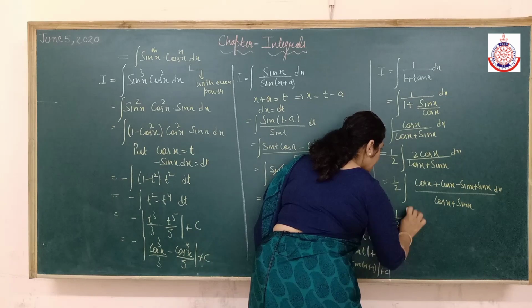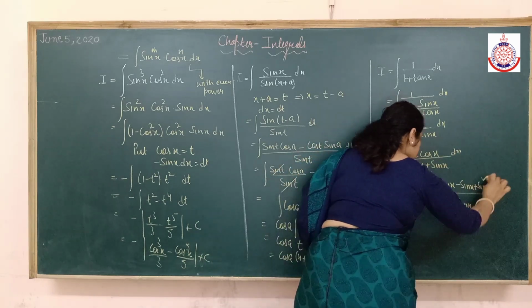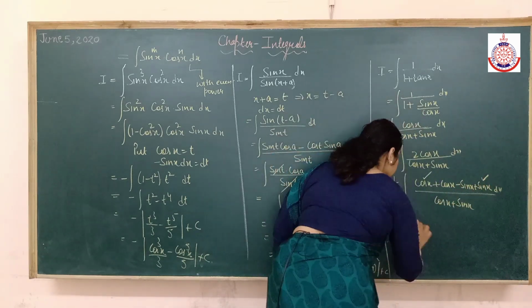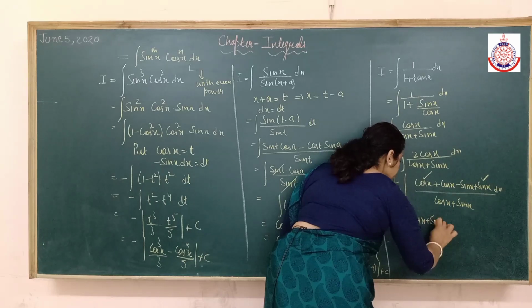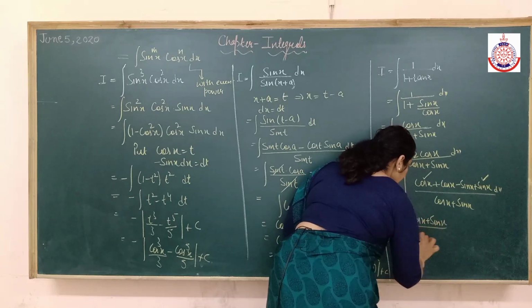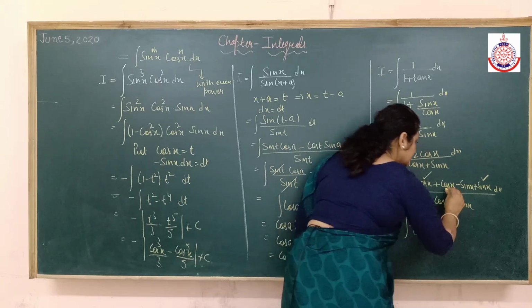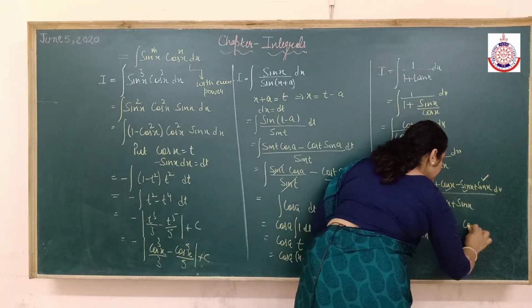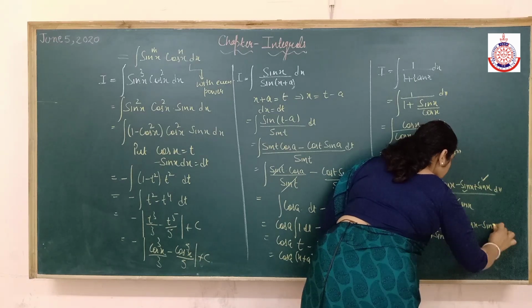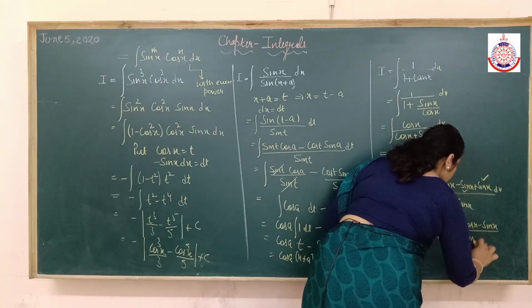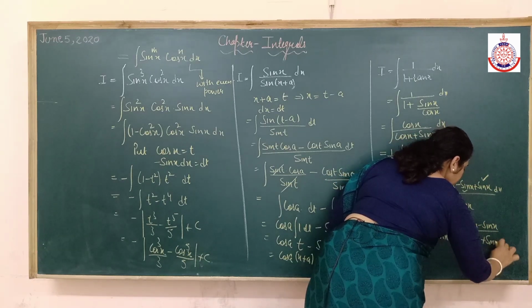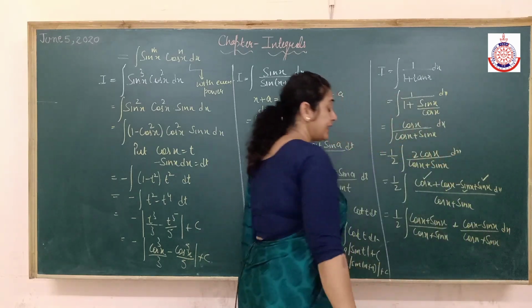Now I split. I am going to do this and this together, and the denominator separately. This and this together. Fine.